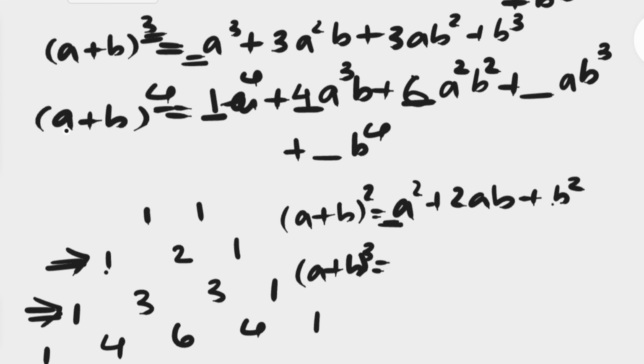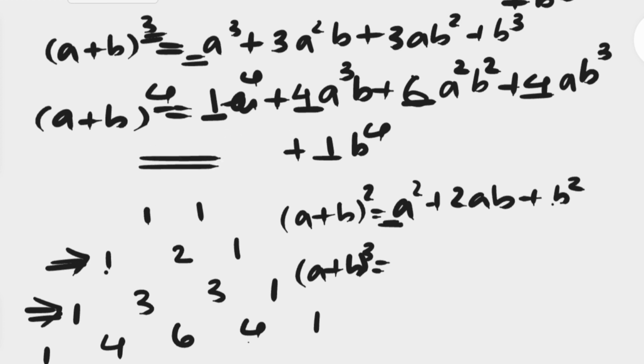The first term has power 4, then it is decreasing, and the second term has power 0 and it increases by 1. So we can apply this easy trick only when we follow this pattern. Then 4 and 1. This is the expansion of (a+b) the whole raised to 4.